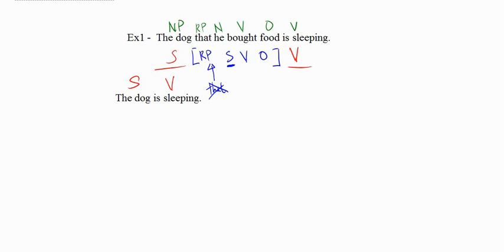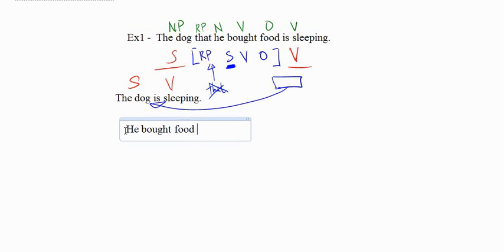Now since there's a subject, the subject won't be the reference. That means that there should be another object back here that allow the adjective clause to describe the original noun, which is the dog. So this is what that sentence should look like. He bought food, the dog.